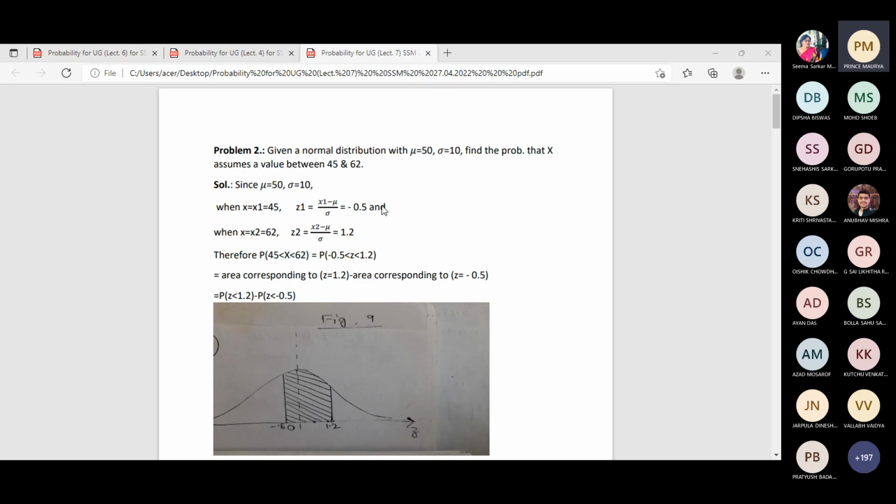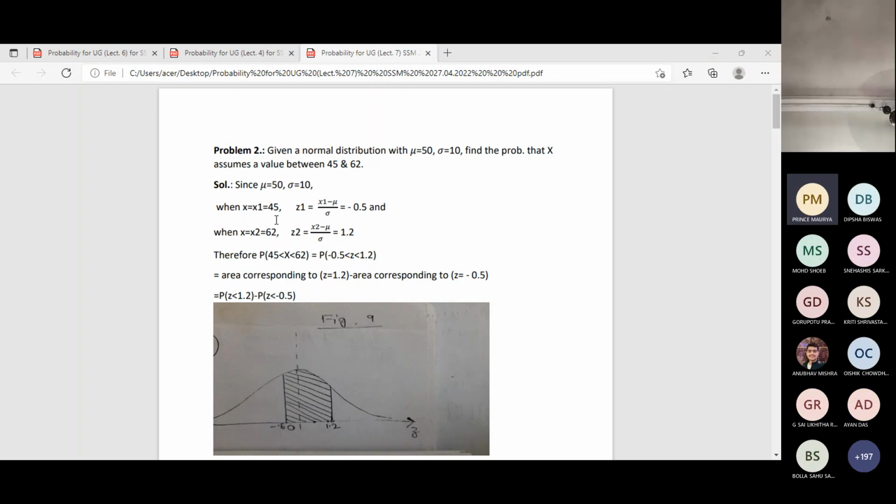Now, if you consider 45 as X1 and 62 as X2, then corresponding to X is equal to X1, I can find the standard normal variate, because the relation between the two variables Z and X is X minus mu by sigma. So when X is equal to X1 is equal to 45, you can find Z1, because your mean is 50 and standard deviation is 10.